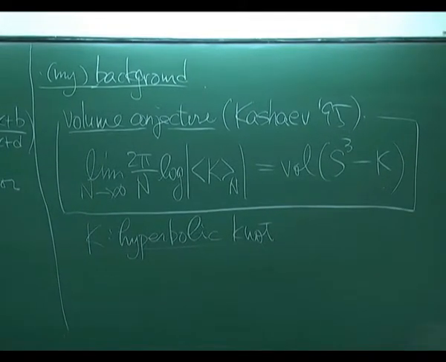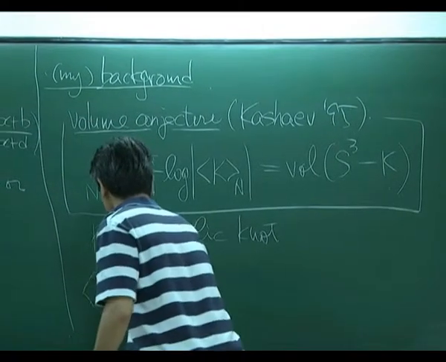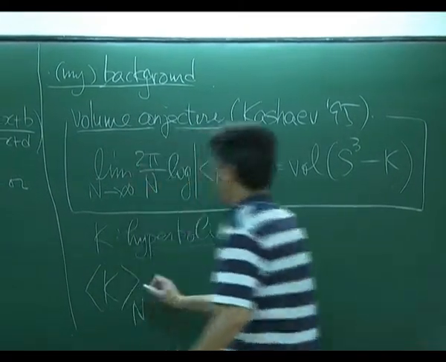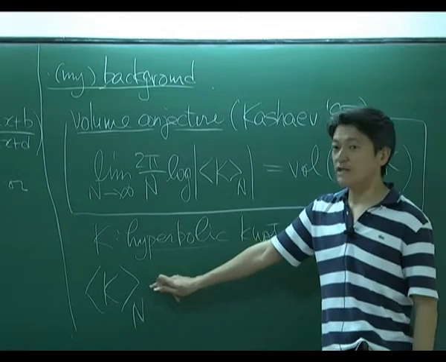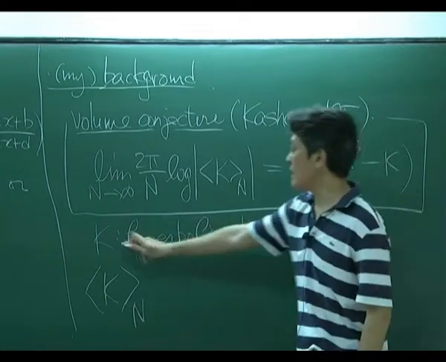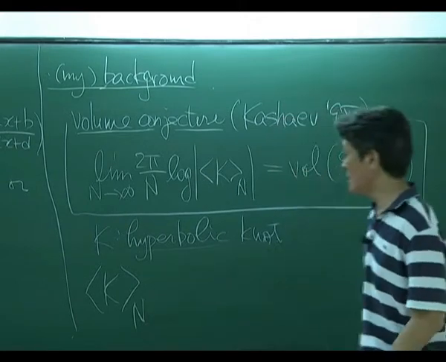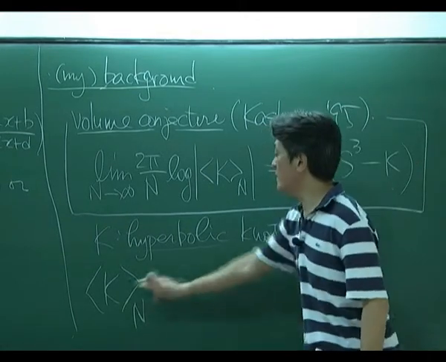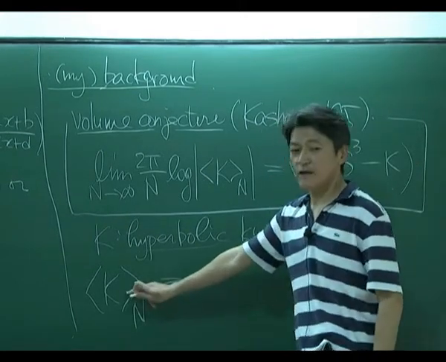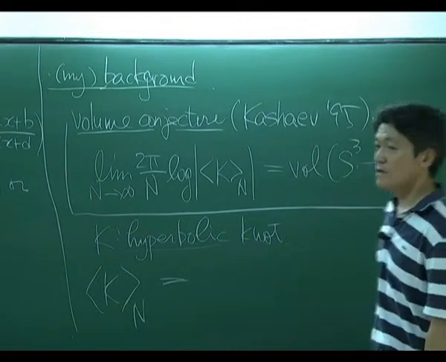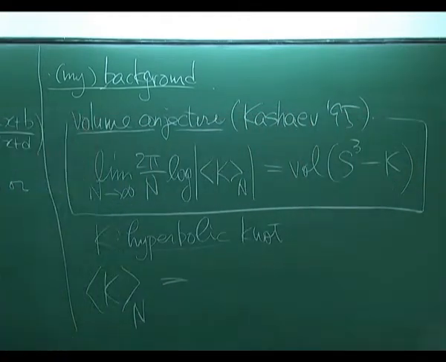And then K_n is the Kashaev invariant, which depends on the knot K and a natural number n. Kashaev originally defined K_n based on the quantum dilogarithm function.